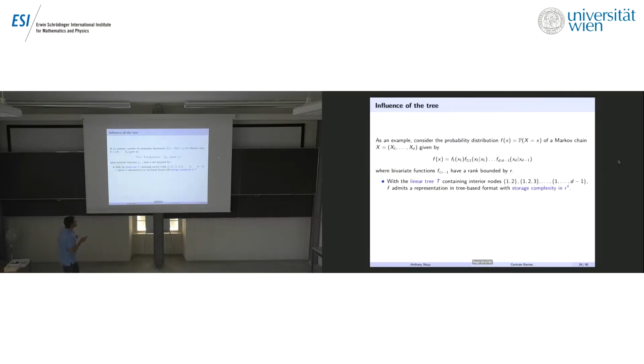And I would like to give you an example here. Consider the probability distribution of a Markov chain, which is a product of bivariate functions like this. And suppose that the bivariate functions you see here have a rank bounded by R. If you choose a linear tree containing as interior nodes {1,2}, {1,2,3}, {1,2,3,4}, and so on, which leads to the classical tensor train format, then you can prove that the complexity of the representation of F in tree-based format will be in R to the power 4, okay?